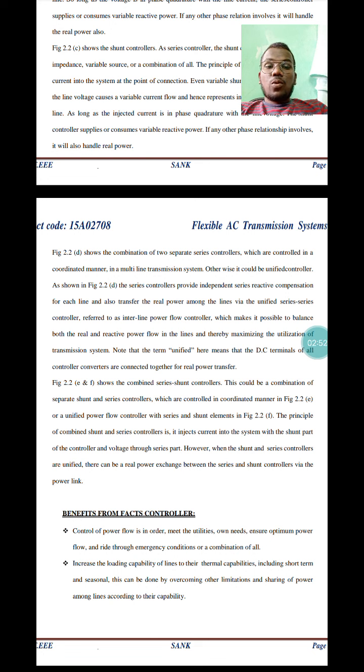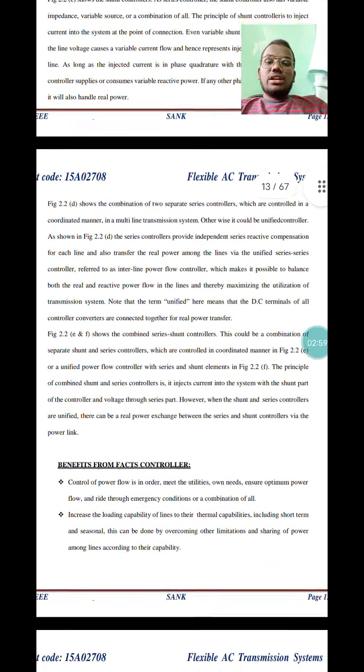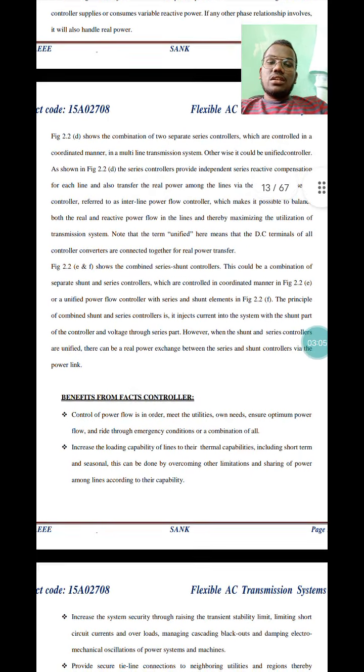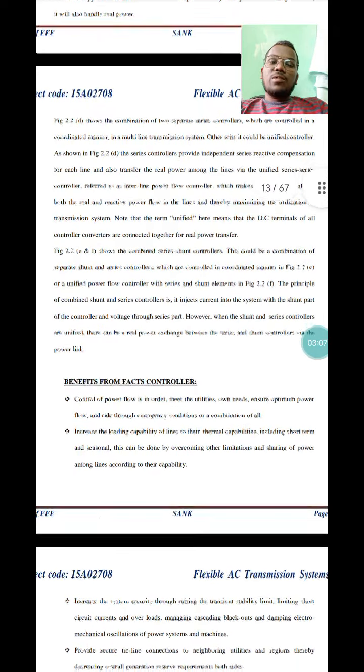This makes it possible to balance both the real and reactive power flow in the lines and thereby maximize the utilization of the transmission system. Note that the term unified here means that the DC terminals of all converters are connected together for real power transfer.